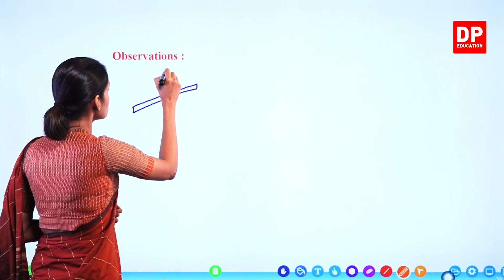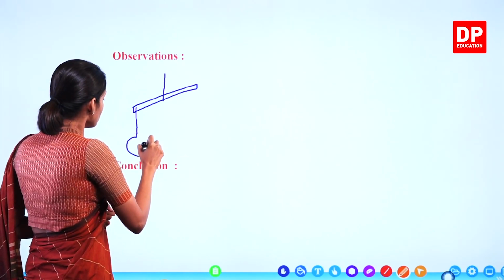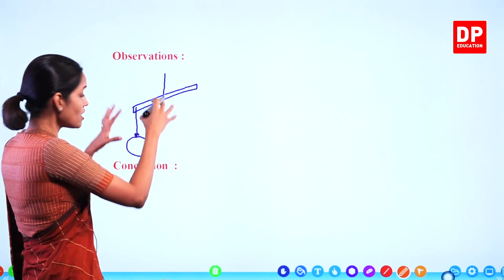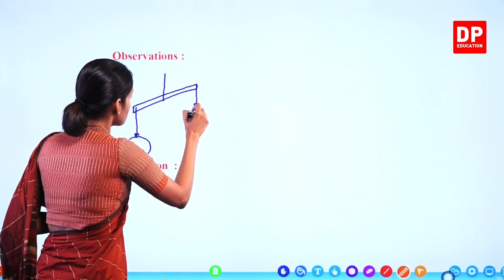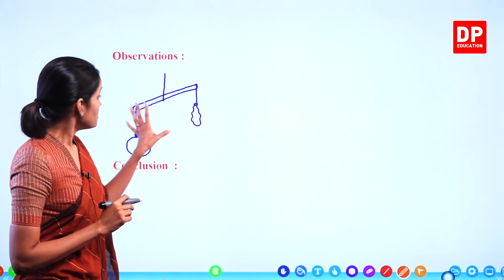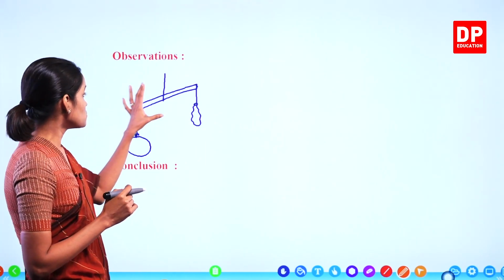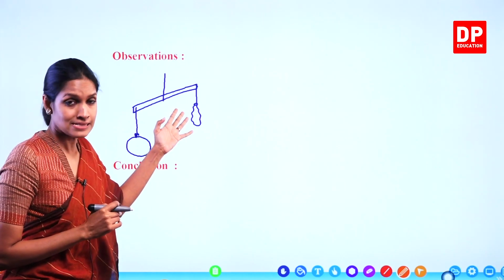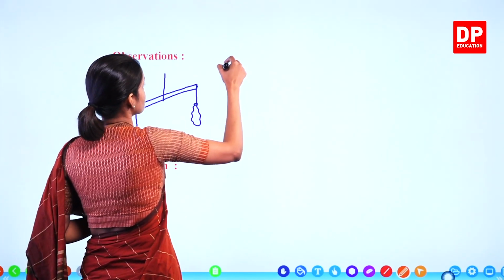This is the meter ruler, and the side with the balloon with air goes down, and this side goes up. Now this still has the balloon, but no air here. Right children? So this was the observation. The meter ruler loses its balance and one side goes down. Right? We will write that.